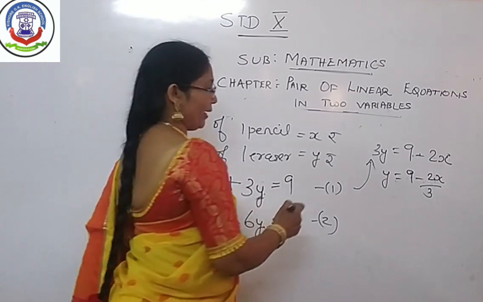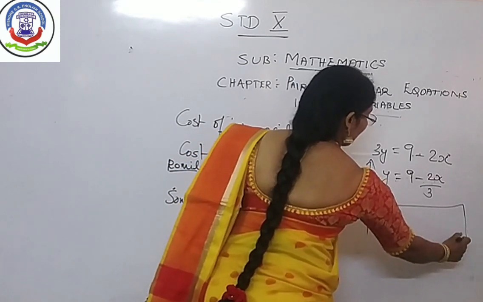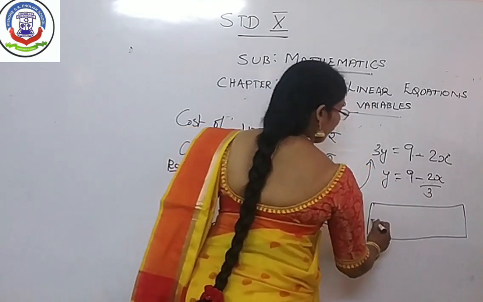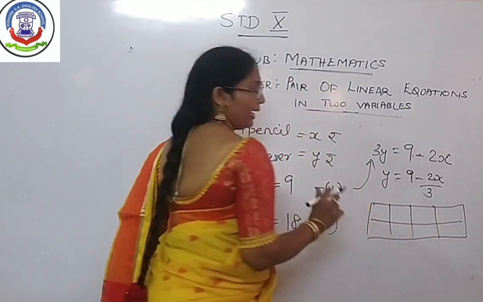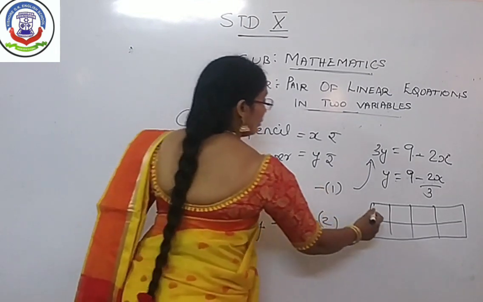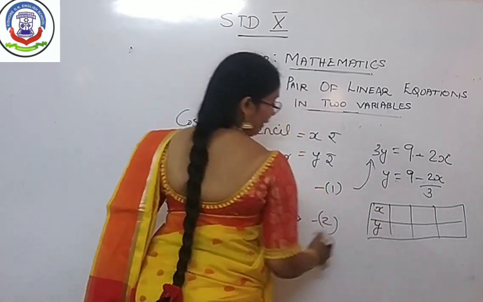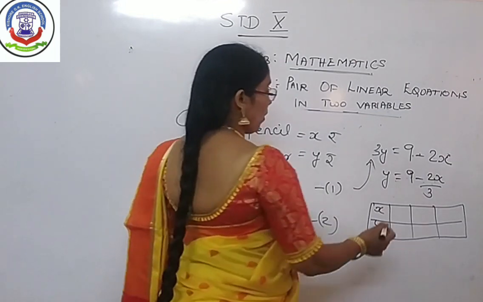Now, let us tabulate some of the values. You have to find the corresponding values of y. Here I am explaining only 2 values. Now x and y. Let us take the x value as 0.